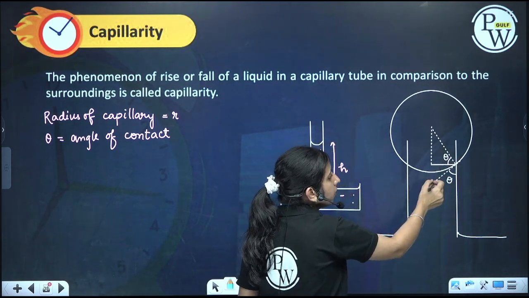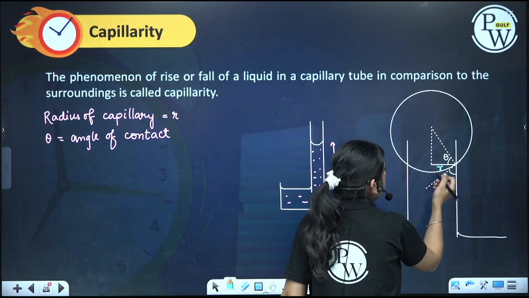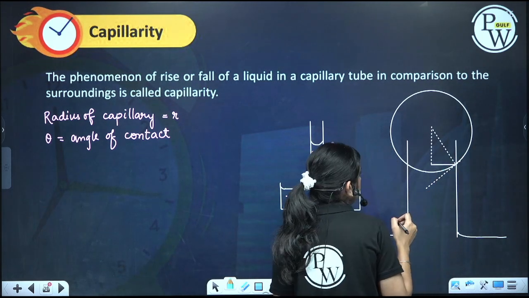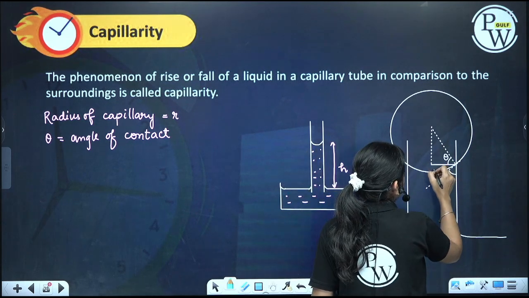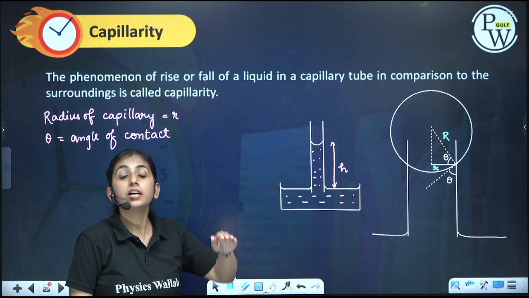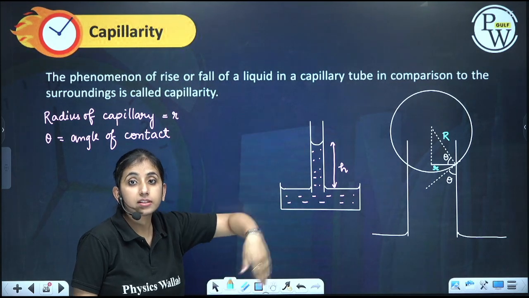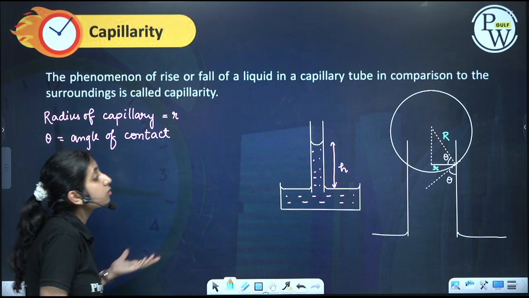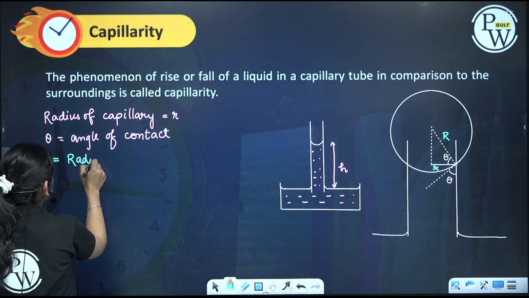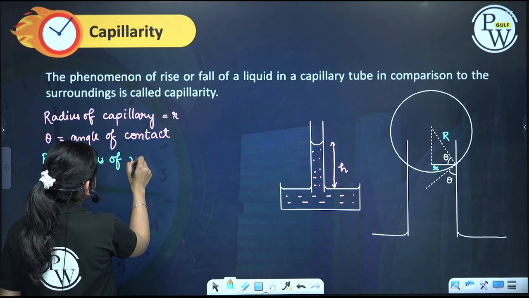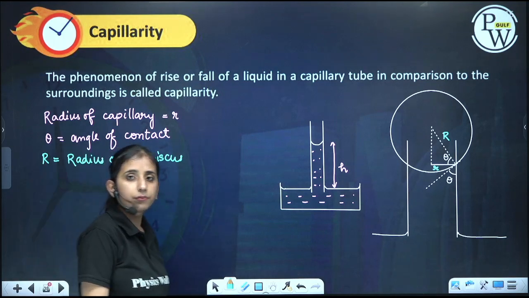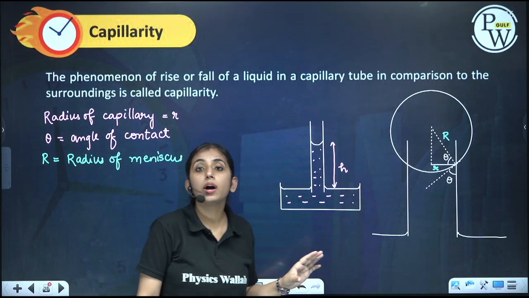Small r is the radius of the capillary, and capital R is the radius of the meniscus. T is the surface tension of the liquid and it rose to a height h.